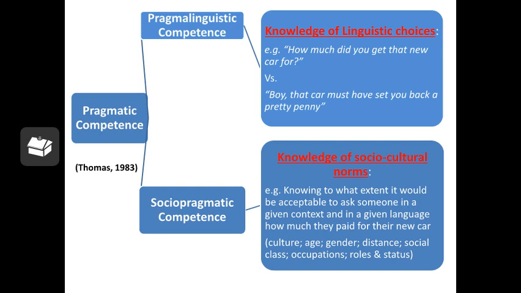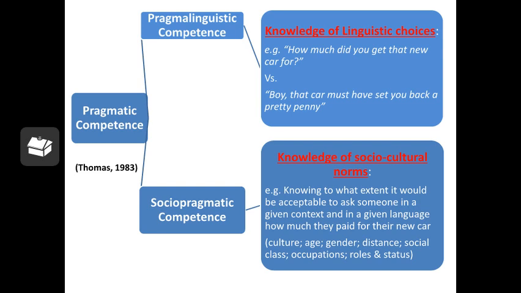So sociopragmatic competence is not really about the linguistic choices, but about the knowledge of the context, and that is knowing whether to say something in a given social context. Many sociocultural variables need to be taken into consideration here, such as the culture, age, gender, social distance, social class, occupations, as well as the social roles and status of the addressees.